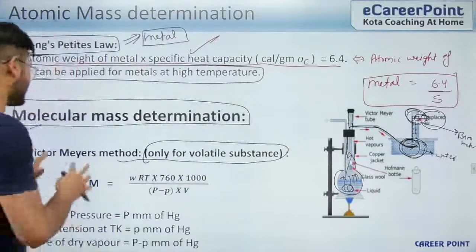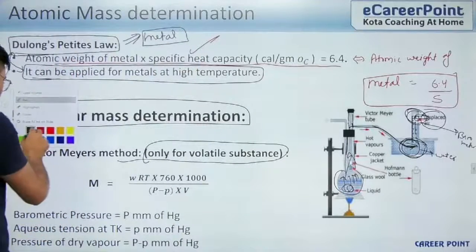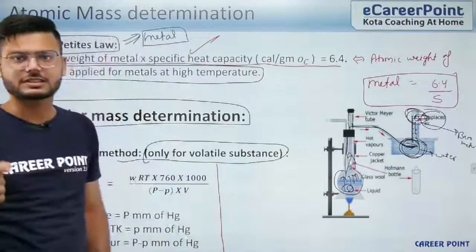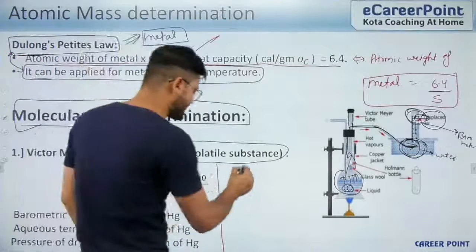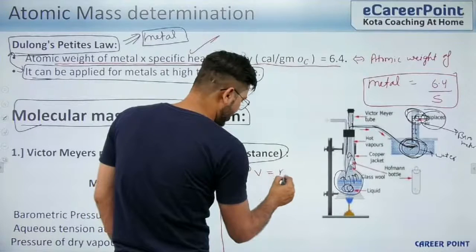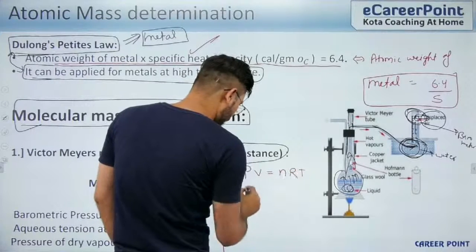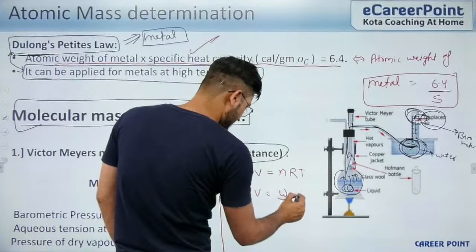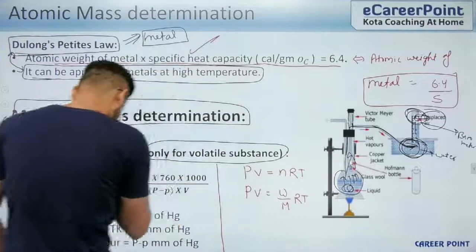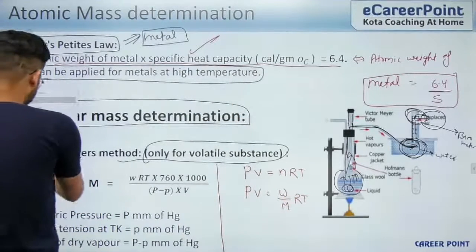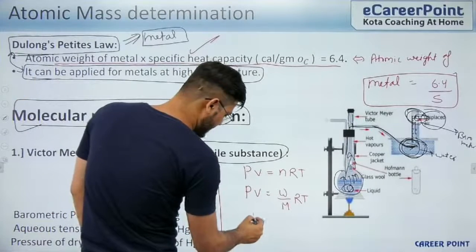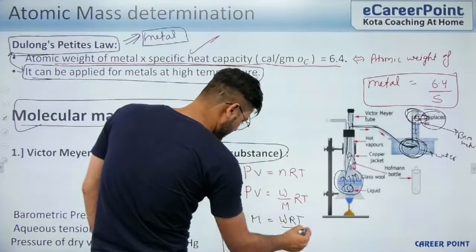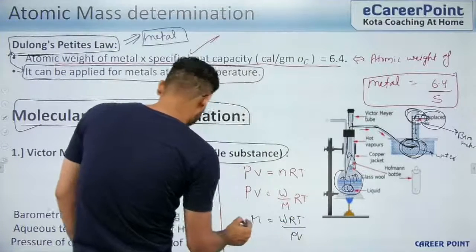Now this is a very simple equation. I have told you that the important equation of the gas is PV equal to nRT. Pressure times volume equals weight upon molar mass times RT. Then molar mass will be WRT upon PV, which is something like this.